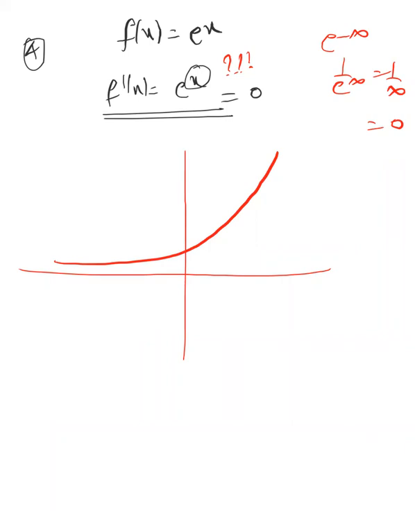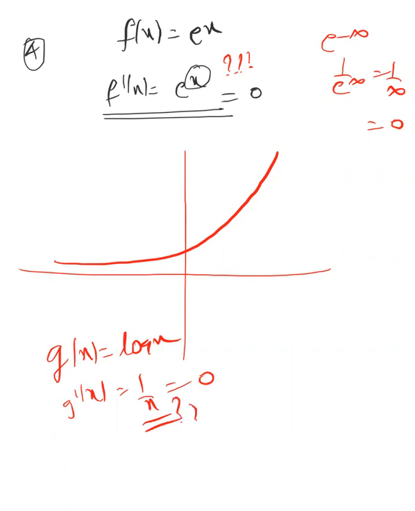Local maxima, local minima. Then g x equal to log of x. Find g dash x. Is there any value of x for which 1 by x can be 0? No, na. It does not have any local maxima, local minima.